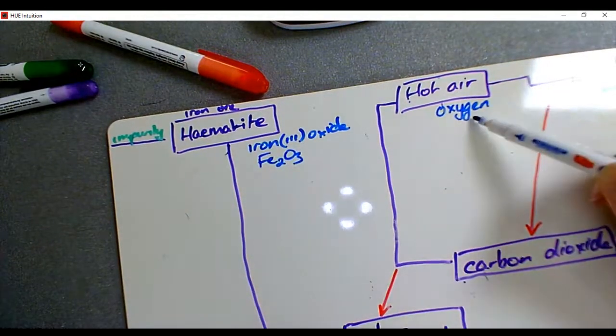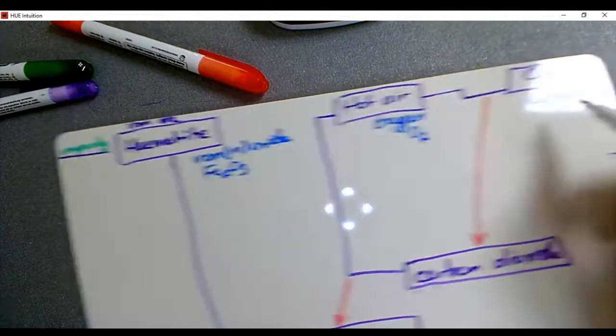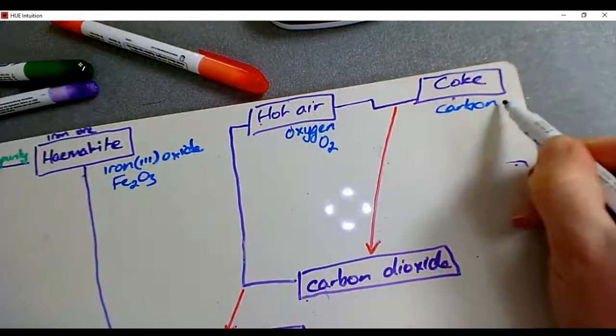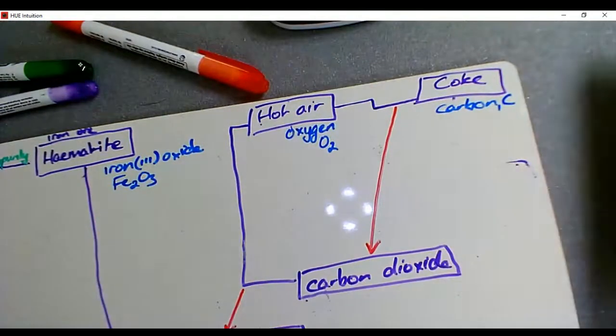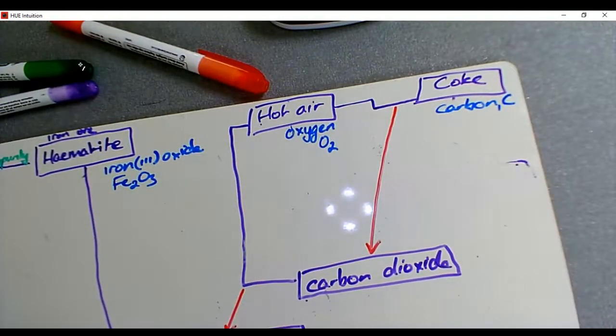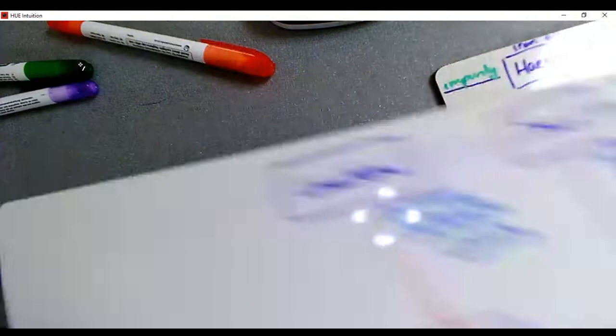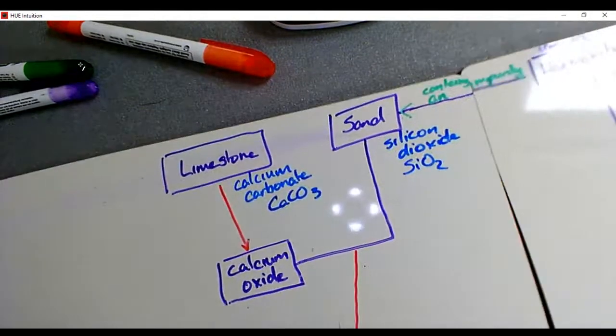This is O2. And this is just C. Okay, so there are the chemical names and chemical formulas of all the substances you're adding in to your blast furnace. Now, there are 2 processes going on, which we're going to deal with individually.